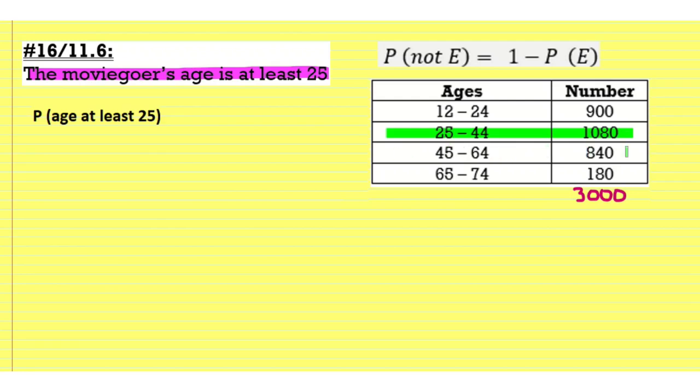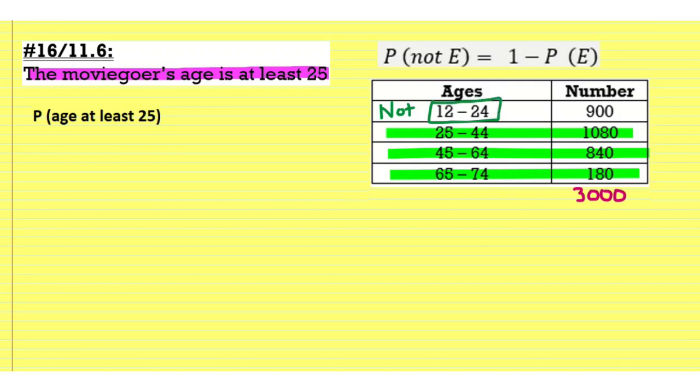Does 45 to 64? Is that also at least 25 years of age? Yes. And 65 to 74, that also is at least 25 years of age. So the only age that they do not want is the age that's between 12 and 24. So this becomes our not event.